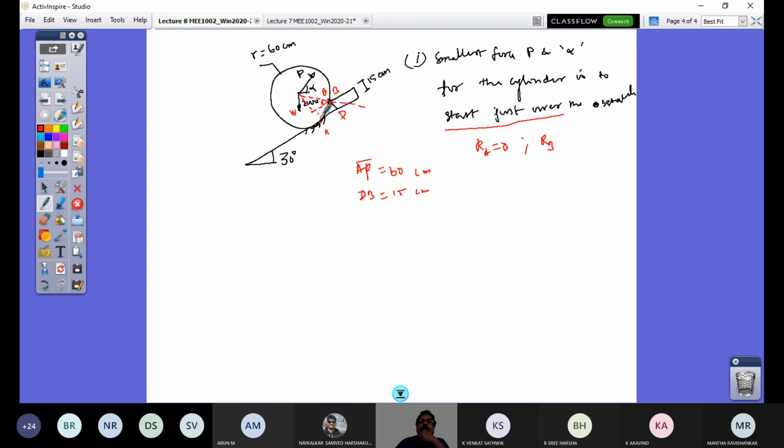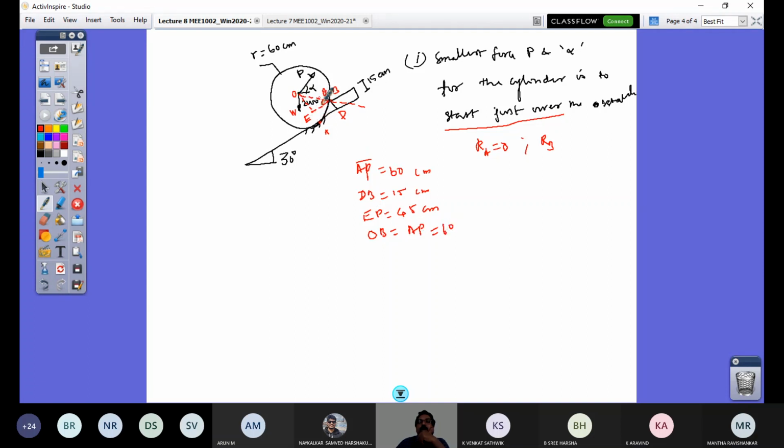I know the length EP is 45 centimeter, so the opposite side is 45. The adjacent side is OB, and OB is equal to AP, equal to 60. So I know OB, I know OE.